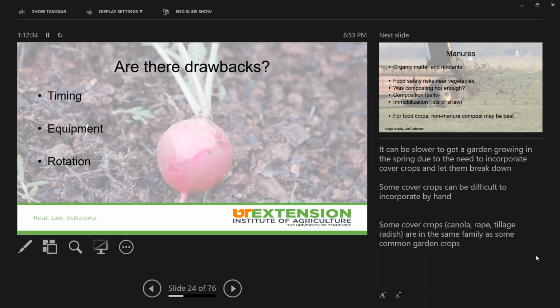Okay. And then rotation, especially in vegetables. If you're going to be growing broccoli in a certain field, you don't want to plant your mustards and your greens there because they're all in the same family. So you have to think about your rotations too, especially on a large scale.